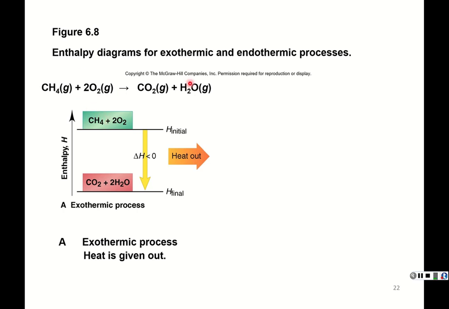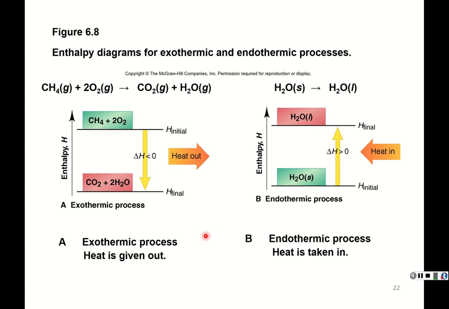Well, this is combustion, right? So it's burning that methane. So that's probably obvious for us in our day-to-day lives, that when you burn something, heat comes out of it, right? That's exothermic. It's sort of hard to find endothermic processes just off the top of your head. The easiest way to do that is phase changes.